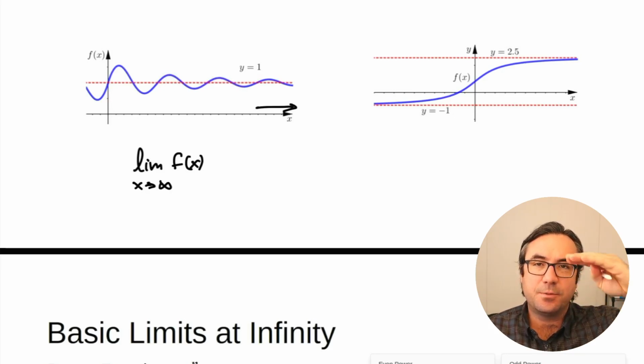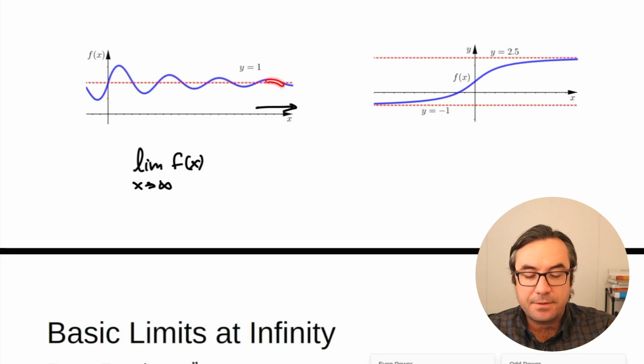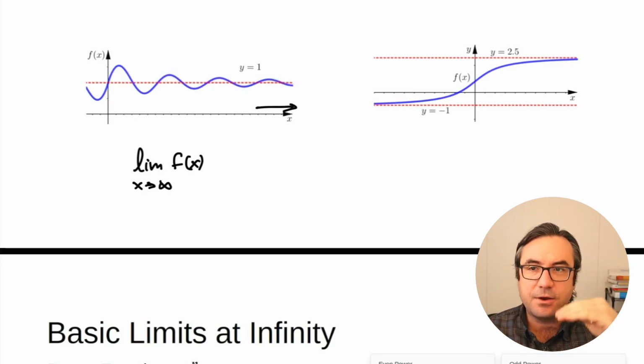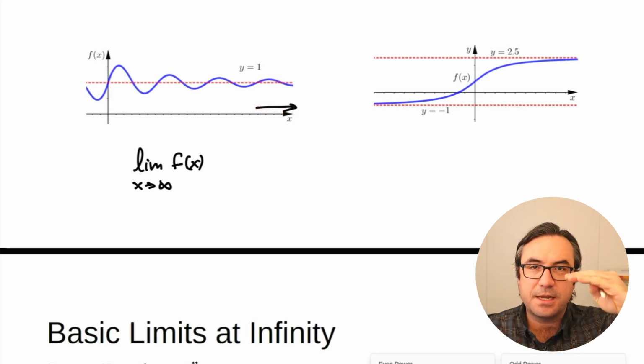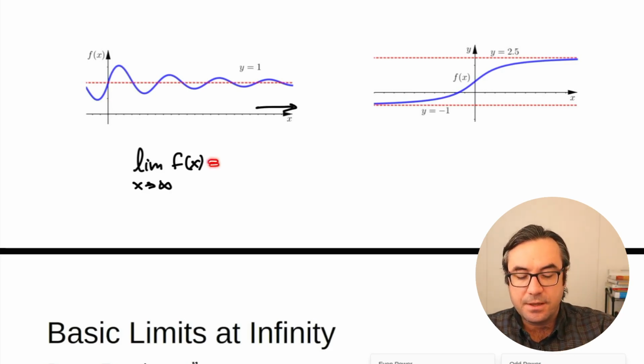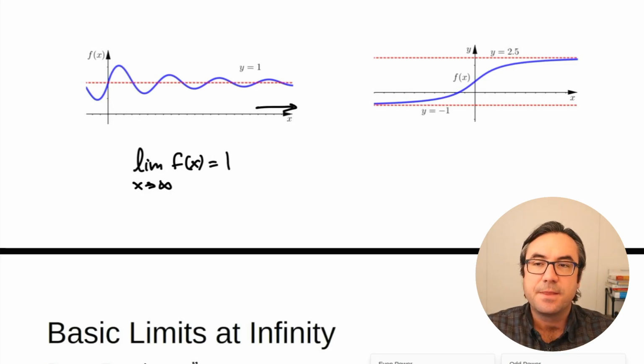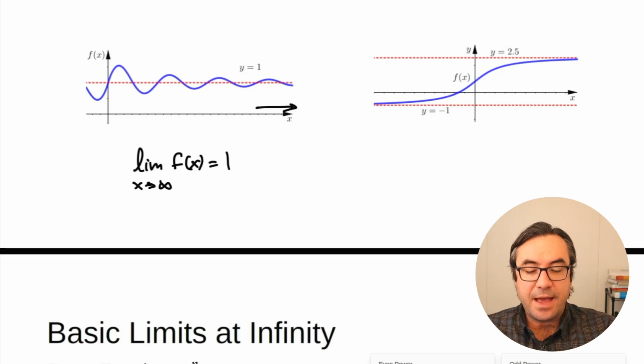The amplitude is decaying over time, and it's getting closer and closer to that horizontal line. So we would say the limit of f of x as x approaches infinity is equal to 1. And that means this line is a horizontal asymptote.